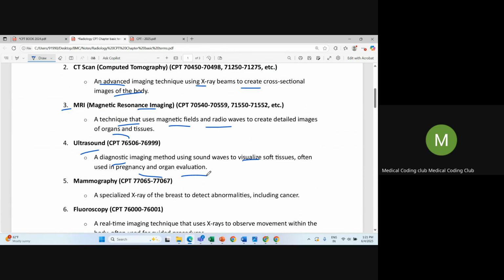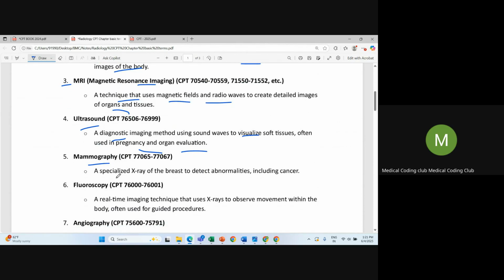So it is widely used in pregnancy to check the fetal development, maternal evaluation, fetal heart rate, anatomical view of the baby. So for everything they'll use ultrasound. For ultrasound they'll use both obstetric and non-obstetric. Okay, so it depends on what they need.